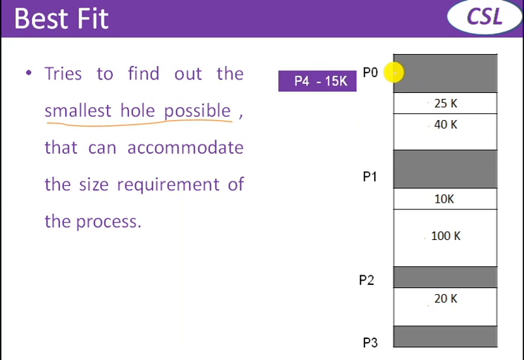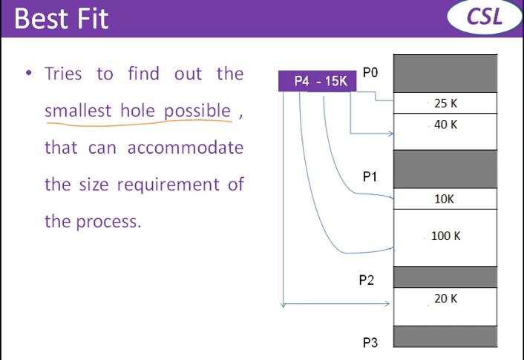P0 is accommodated. Next, 25 is available. 25 minus 15, what is the difference? 10. So here first P4 is checked with 25K, and then it is checked with 40K and 10K, then 100K, then with 20K.